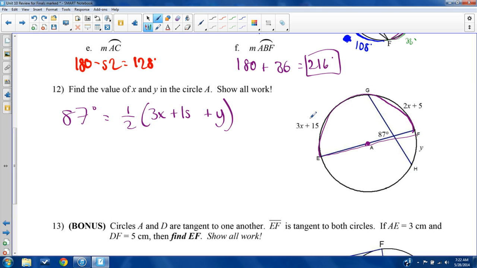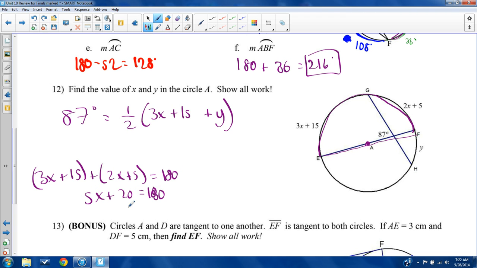So 3x plus 15 plus 2x plus 5 equals 180. Okay, combine like terms. 5x plus 20 equals 180. 5x equals 160. So x equals 32.